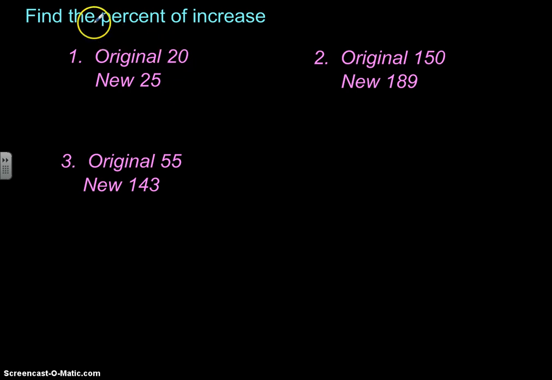So find the percent increase. So what I want to do, here's the original and here's the new. What I want to do is find how much it did increase and divide it by the original. The part, which is 5, divided by the whole, which is 20. Okay? 5 divided by 20. Well, if I divide 5 by 20, I get 1/4 or 0.25, right?